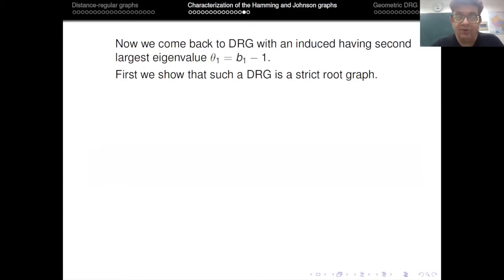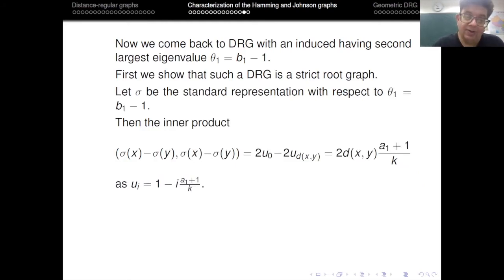Now we come back to this graph with an induced quadrangle having second last eigenvalue θ1 equal to b1 minus 1. I'm sorry, I missed here the word quadrangle. We show that this graph is a strict root graph. Let sigma be the standard representation with respect to θ1, that is b1 minus 1. Then you have this inner product: sigma x minus sigma y with itself is 2u0 minus 2u dxy.